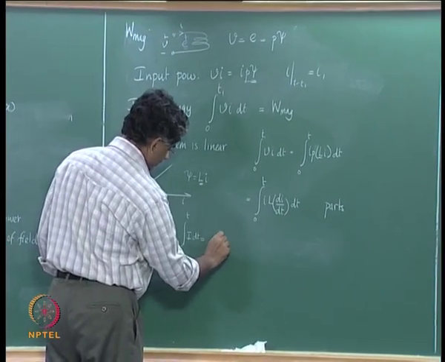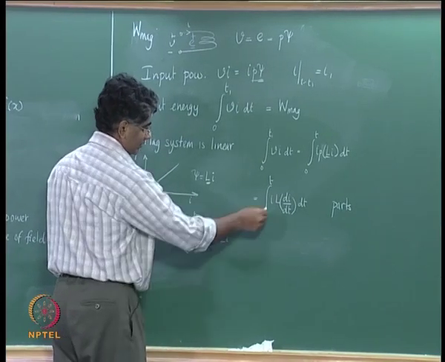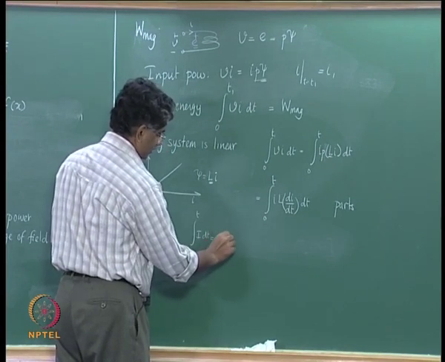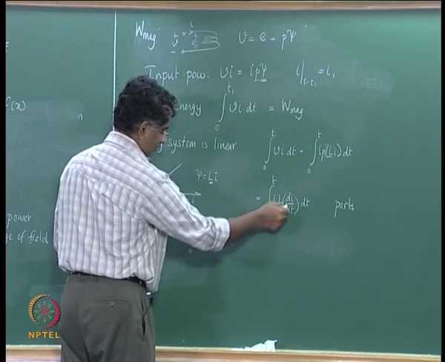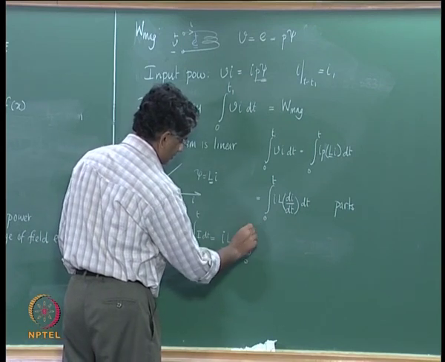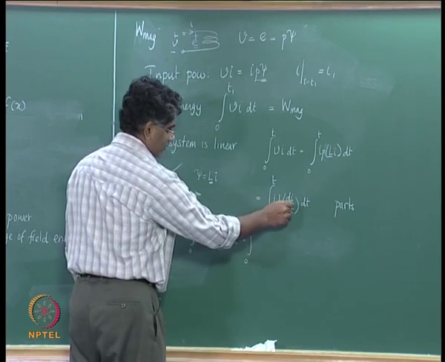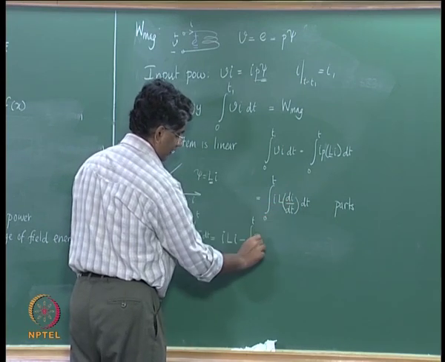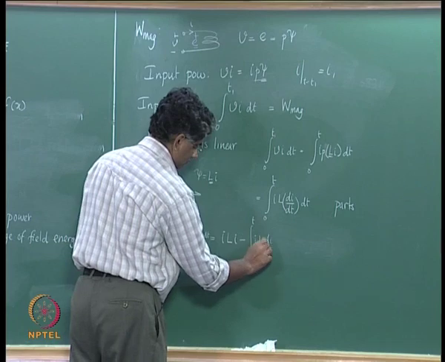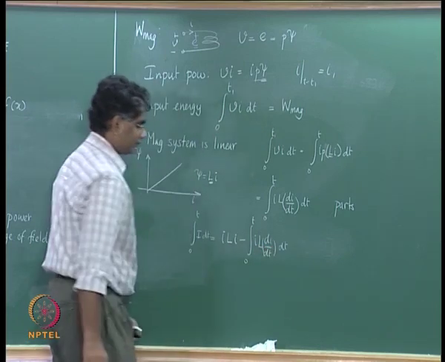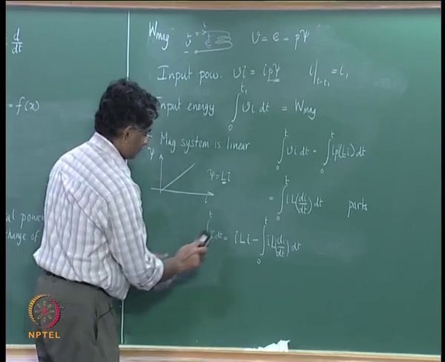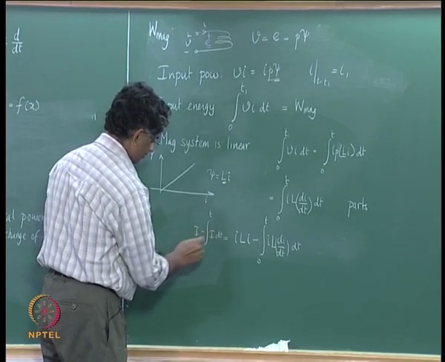So that will give us I into L into the integral of this function, which is nothing but I, minus again integral 0 to T, the integral of this function is I, you have L as it is, into the derivative of this function, that is di by dt into dt, which is the same as I, and therefore let us call I as this integral.